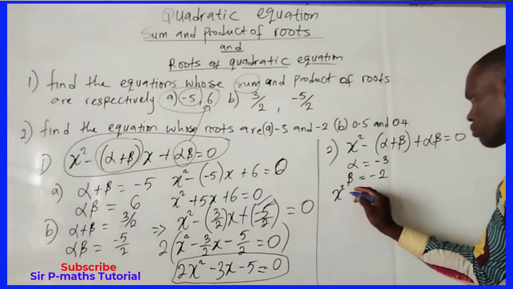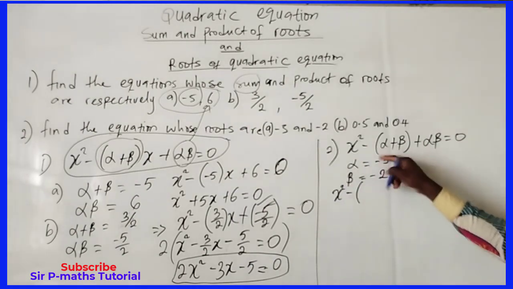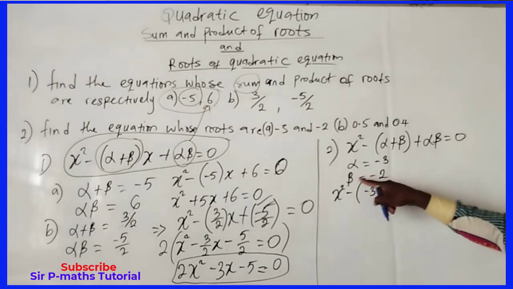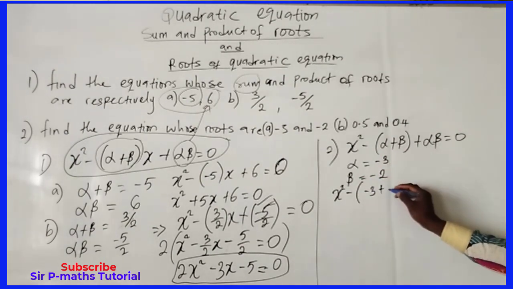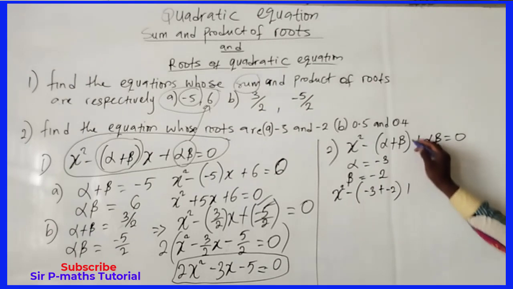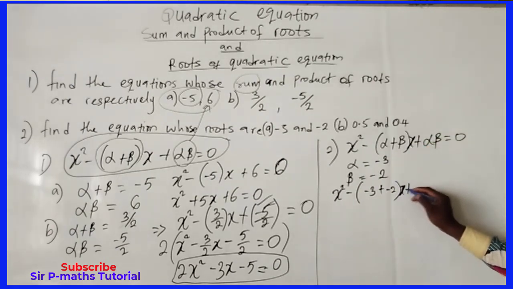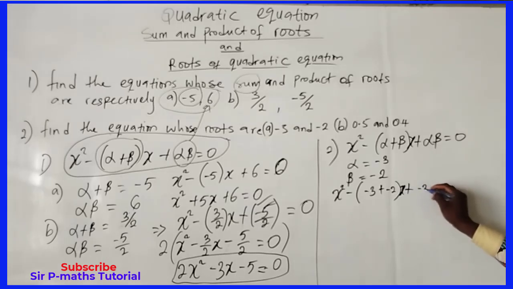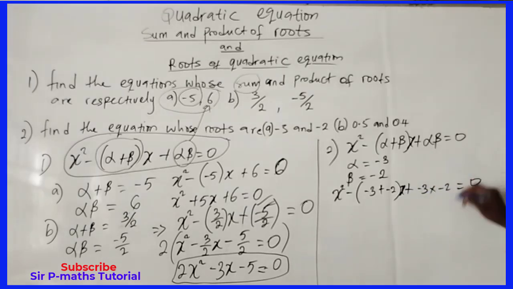So I'll have x squared minus (alpha is minus 3 plus beta is minus 2). Put x here, don't forget x, plus alpha beta means multiplication. So I'll have minus 3 times minus 2 equal to 0.